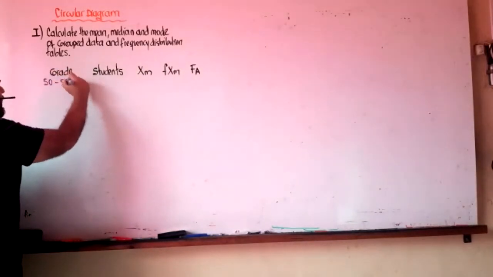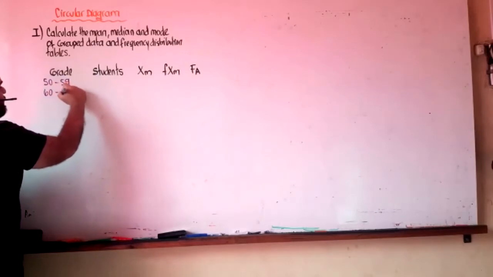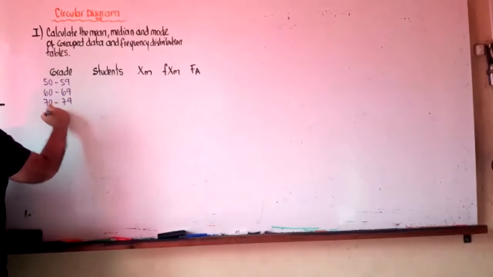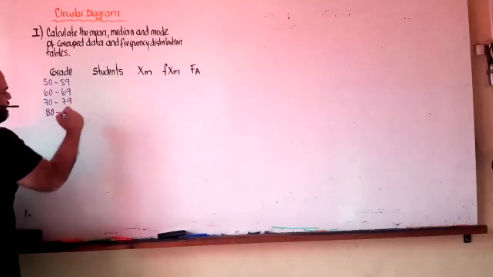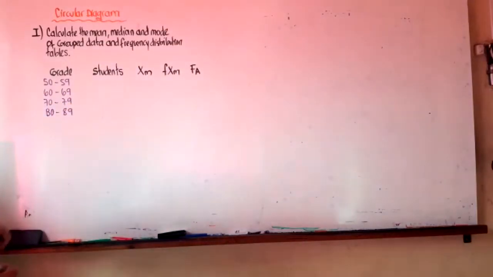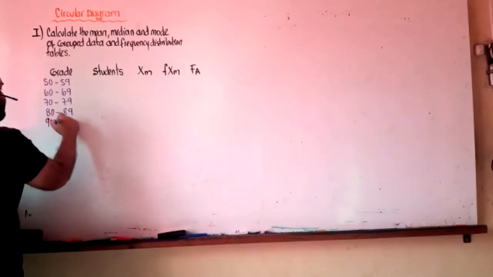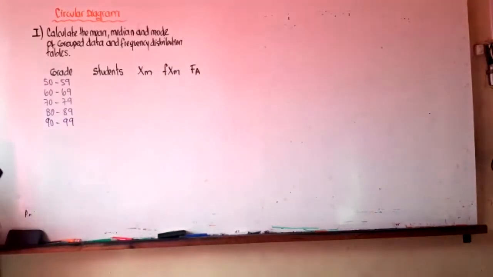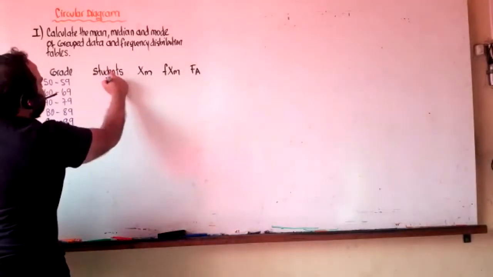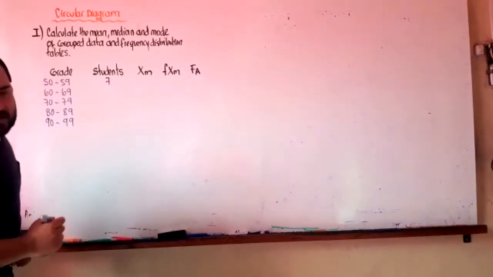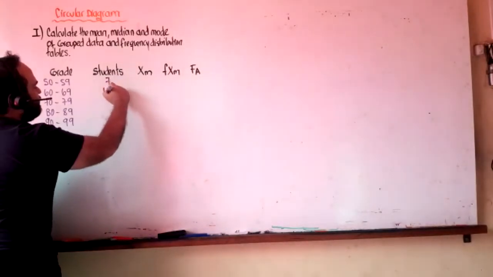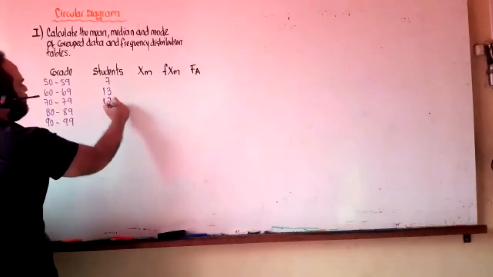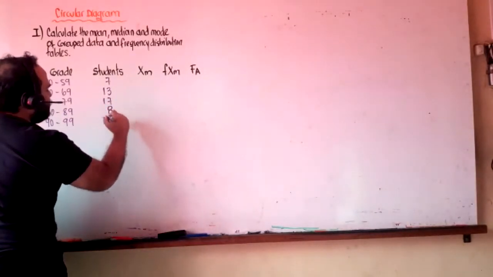The intervals were 50 to 59, 60 to 69, 70 to 79, 80 to 89, and the last one was 90 to 99. The quantity of students that we had on that occasion was 7, 7, 13, 17, 8, and 14 students.